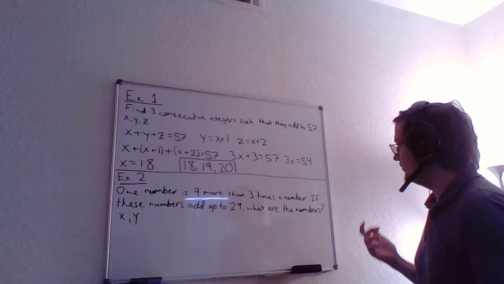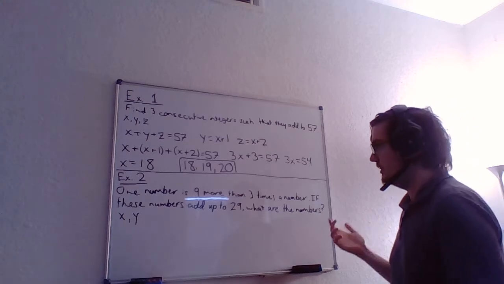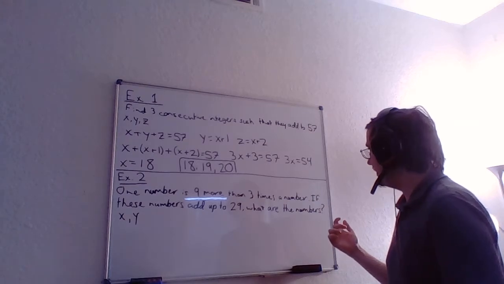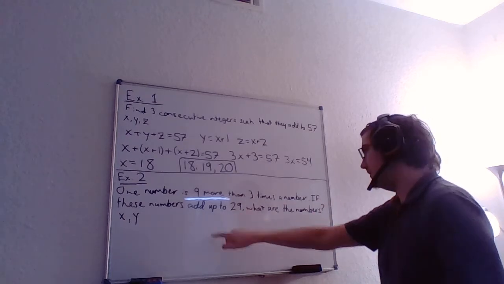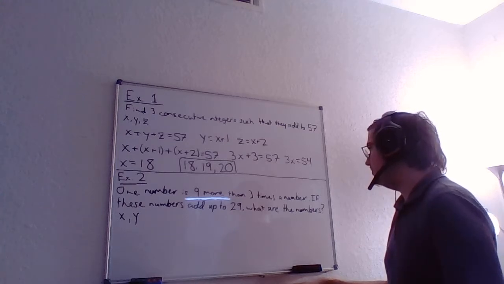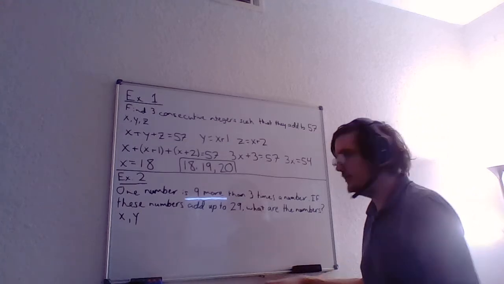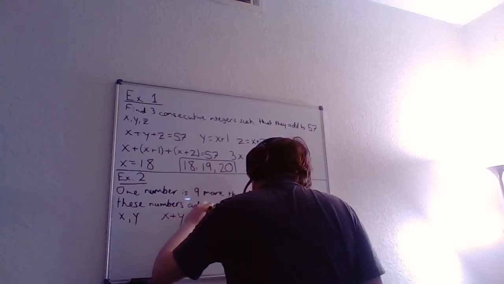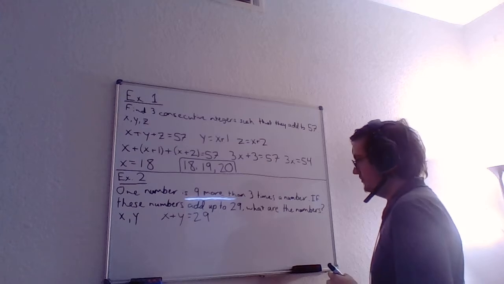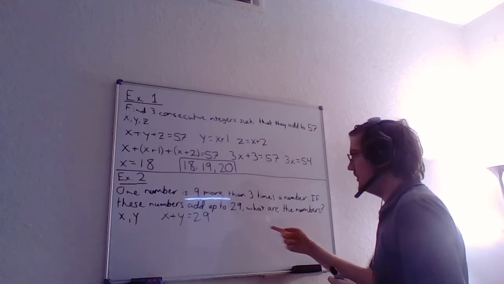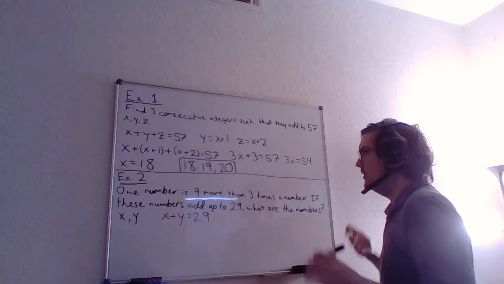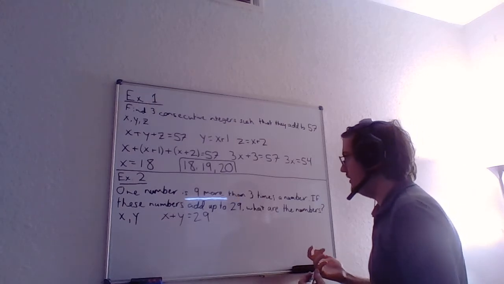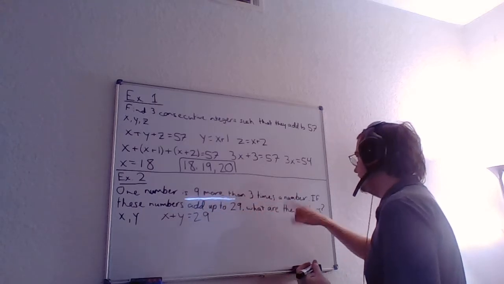Step 4 though, think of equations relevant to this problem. We can think of a few equations. Right? The easier one comes from the second sentence. The sum of these two numbers is 29. Right? So x plus y equals 29. That's one equation. Now, the first sentence here has a slightly more difficult to read equation, but it's there. One number is 9 more than 3 times a number.